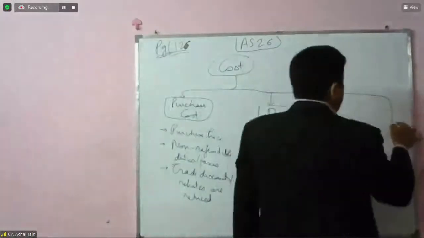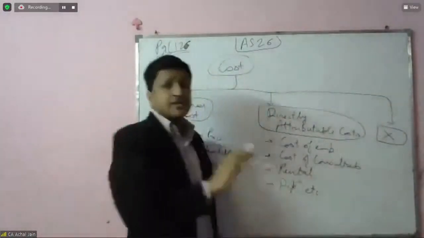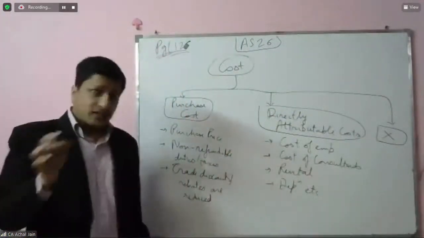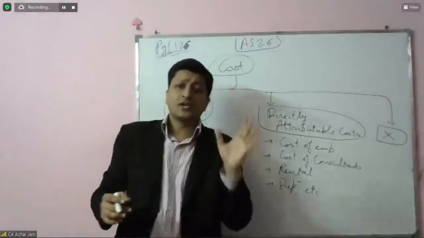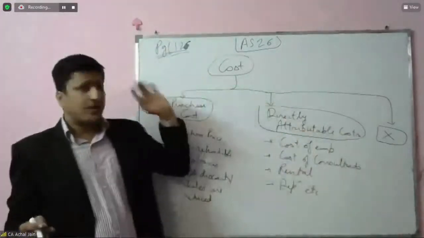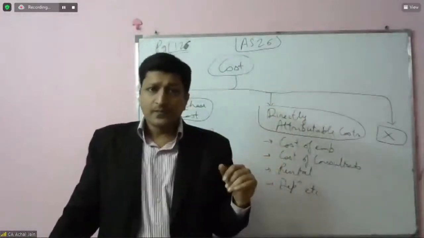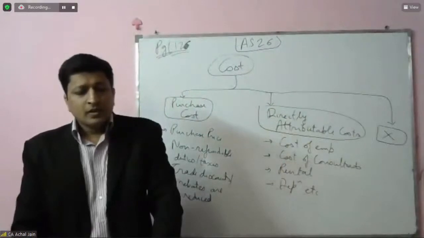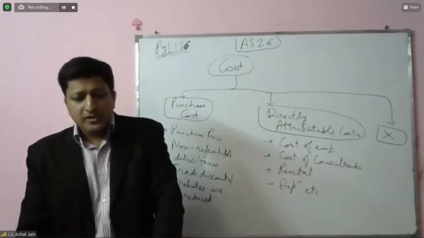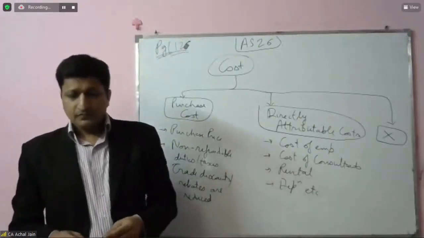So I'm just marking it for your reference. This third component is not there. This is only if you are just trying to build in this correlation. Otherwise, this is not required. This third component is missing under intangible assets as compared to PPE. Clear on the components of asset? Yeah.